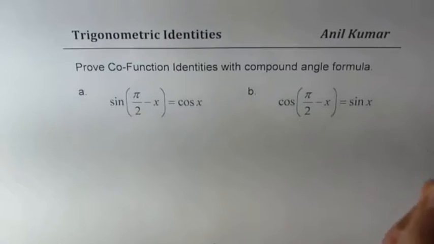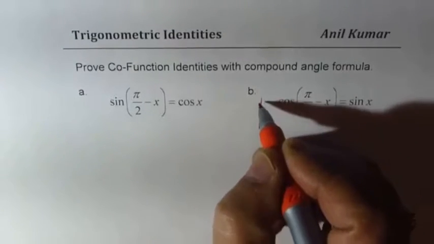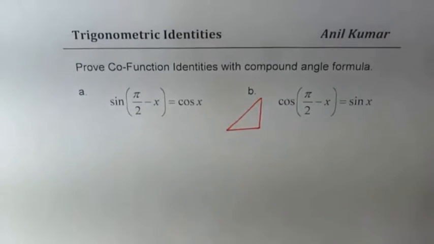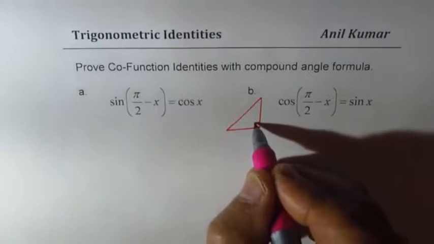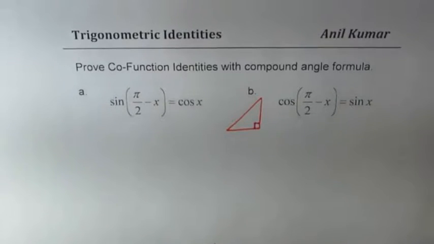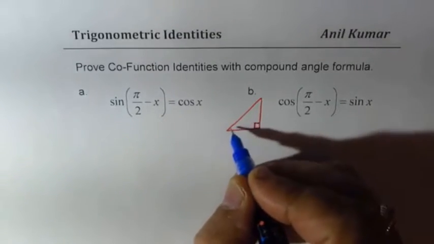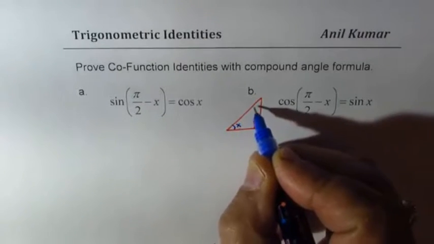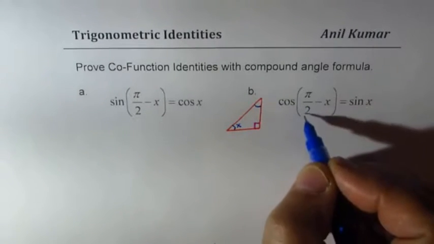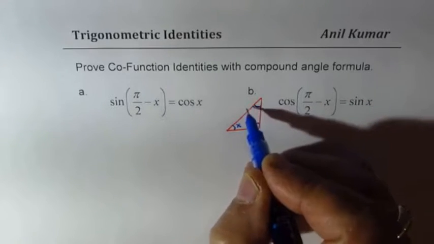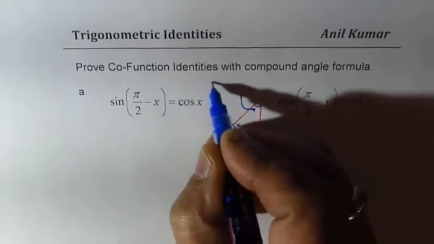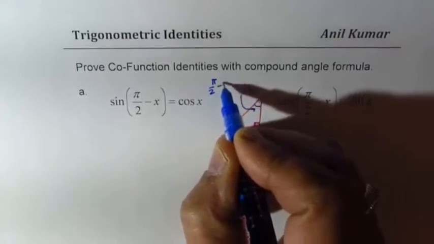Right? It makes sense since if you consider any right triangle, if you have one of the angles as x, then the other will be pi by 2 minus x. So this angle is going to be pi by 2 minus x.